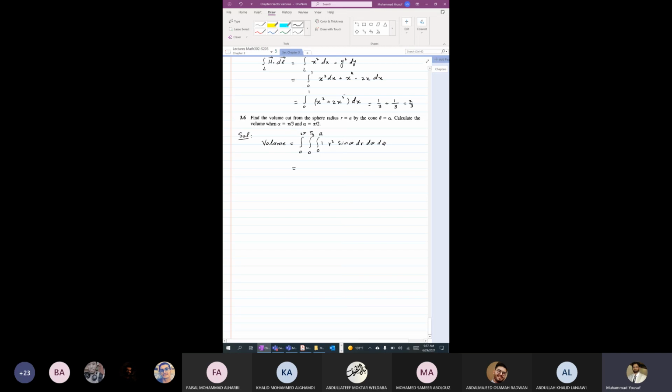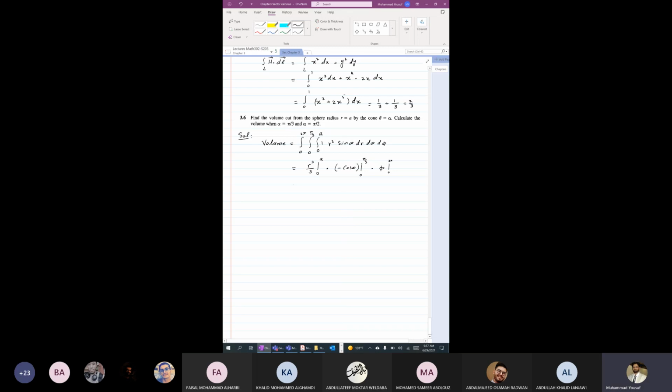Now we integrate with respect to r. The limits are constant, so we can separate these. So r to the power 3 over 3 from 0 to a, multiplied by the integral of sine theta, which is minus cosine theta, with limits for theta from 0 to pi over 3, then phi from 0 to 2 pi.